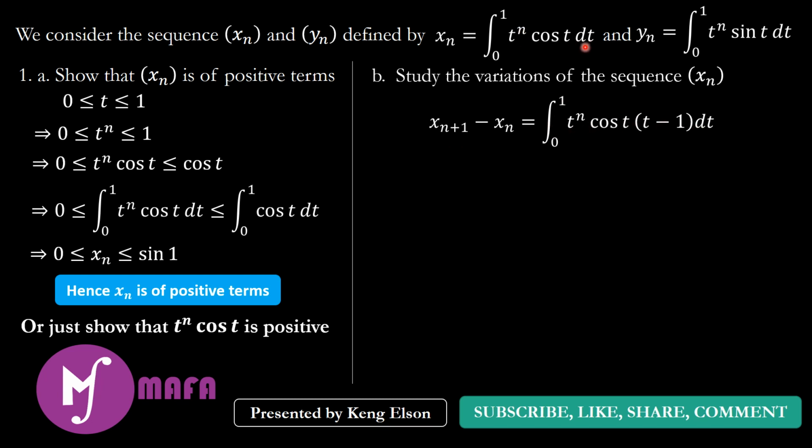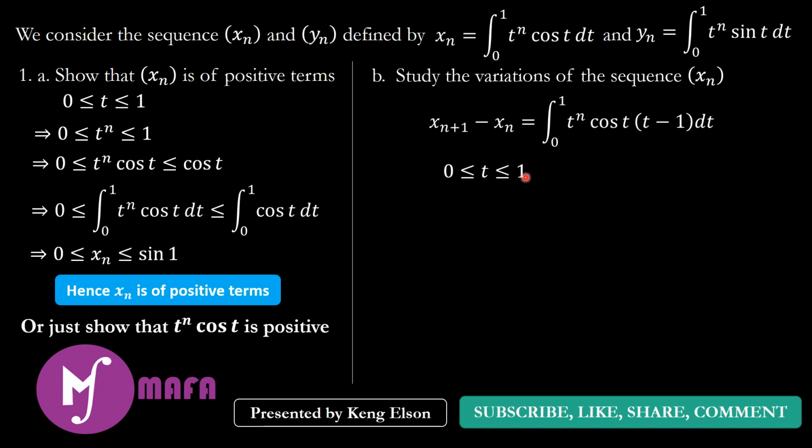When you subtract the two integrals, since you're integrating with the same bounds, you can just bring the integrals together and you factorize t to the n cos t. If I multiply through by t to the n cos t with the first term, I'm going to get t to the n plus 1 cos t, and minus with the second term t to the n cos t, and the integral sign distributes over the subtraction, so we still have the same result.